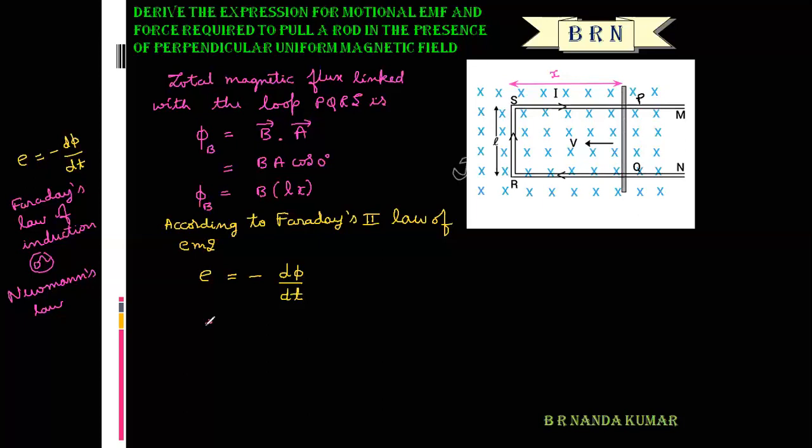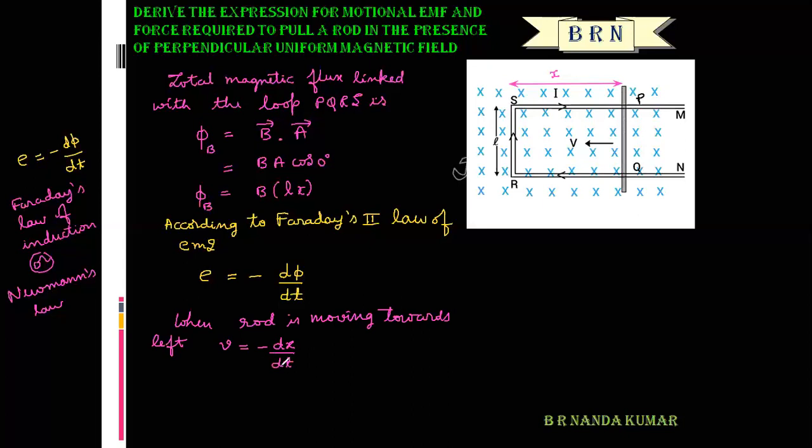Okay, so when the rod is moving towards left, then V is equal to minus dx by dt.